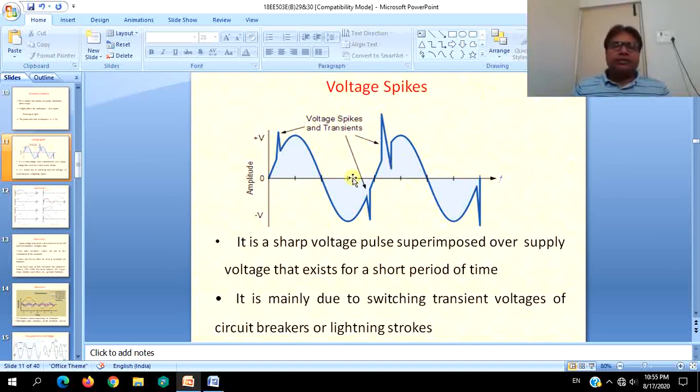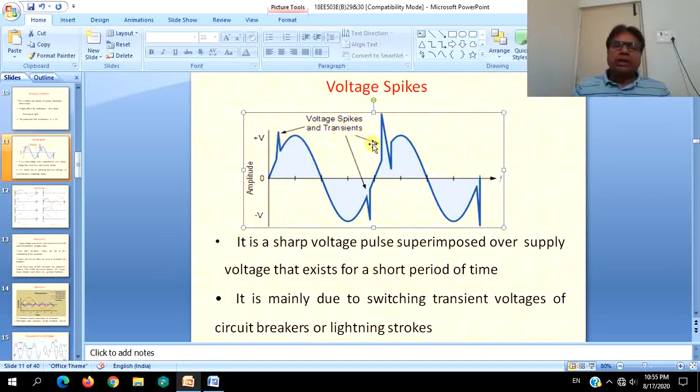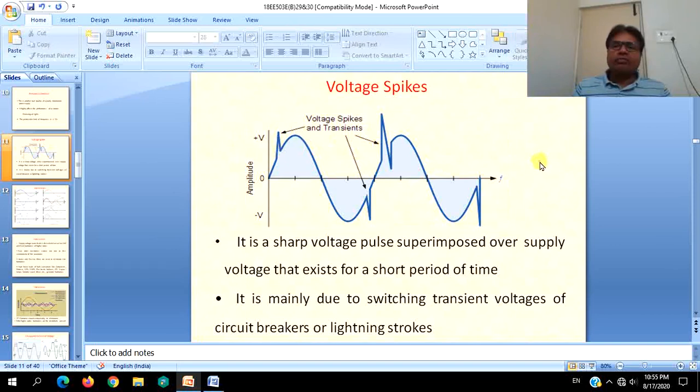So when it comes to voltage spikes, as shown in this waveform diagram, voltage spikes and transients are shown by the arrows like this. When you observe this particular spike, it is nothing but a sudden and high rise in magnitude of the voltage, and it falls back to the normal value. But the other one shown over here is a sudden rise to a very high value, and again it falls below the actual value also.